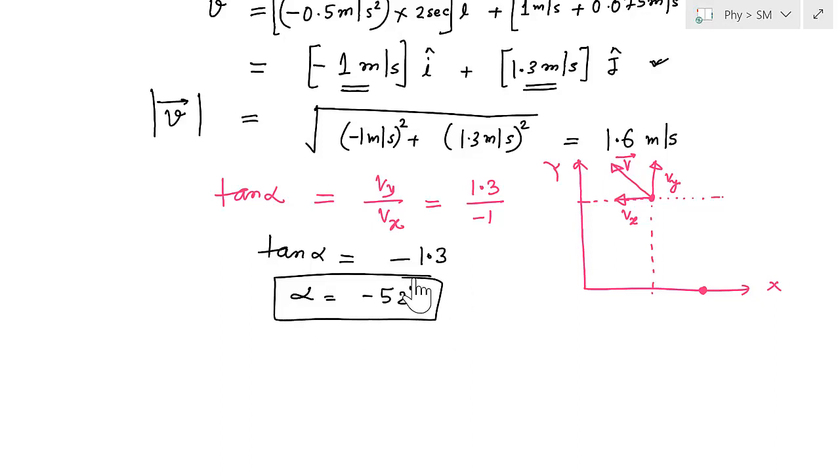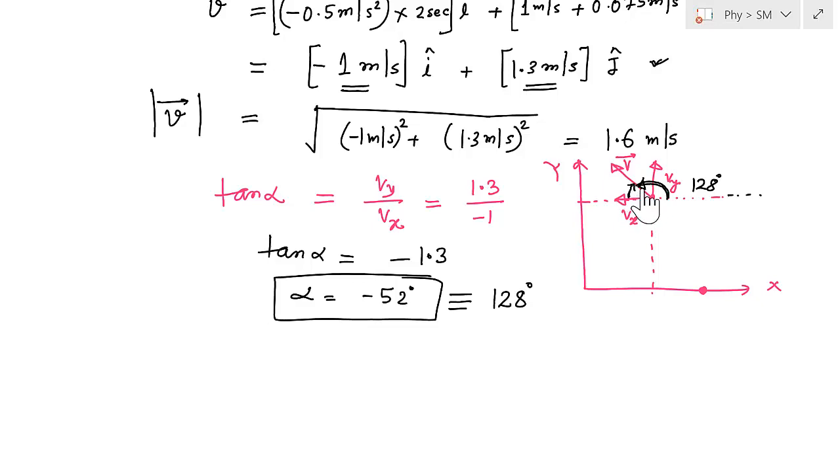Minus 52 degrees means this is a negative angle. If you want to convert this into the positive angle, you have to subtract from 180. The corresponding positive angle will be 180 minus 52 degrees, that is 128 degrees. So this vector is making an angle of 128 degrees from the positive direction of the x-axis, or I can say this vector is making an angle of minus 52 degrees on the negative side.